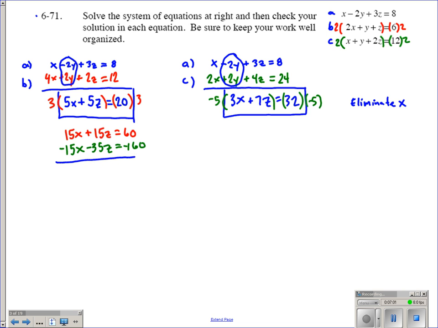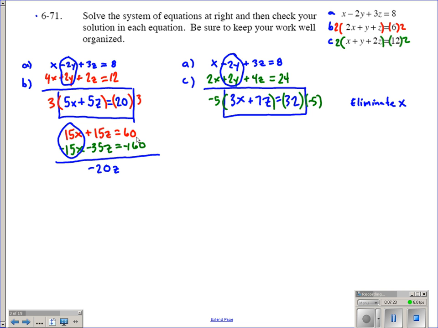So as we look to eliminate our x values here, we're left with 15z and negative 35z. When we add them together, 15 of the positives are going to cancel out 15 of the negatives, leaving us with negative 20z.